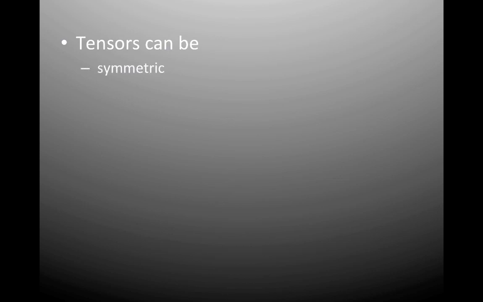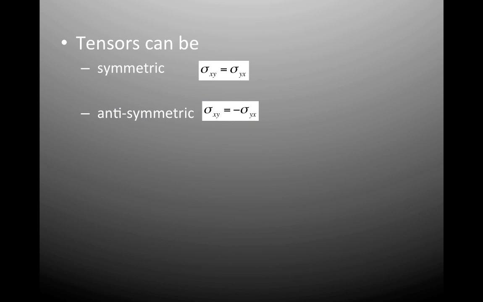In general, tensors can be symmetric, and a symmetric tensor is one in which permutation of the indices xy to yx in the matrix gives you the same value, or antisymmetric, in which going across the matrix reverses the sign.